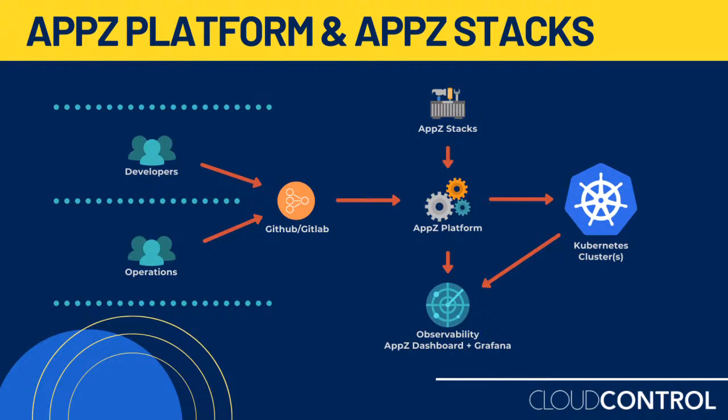We are a CNCF certified, Kubernetes-first company, so this is our preference. We also advise our clients to migrate to the Kubernetes platform, although we fully support virtual infrastructure. This Kubernetes cluster could be running either on-prem or on any of the cloud providers, managed or unmanaged Kubernetes. From the product perspective, AppZ is completely cloud and Kubernetes implementation agnostic.